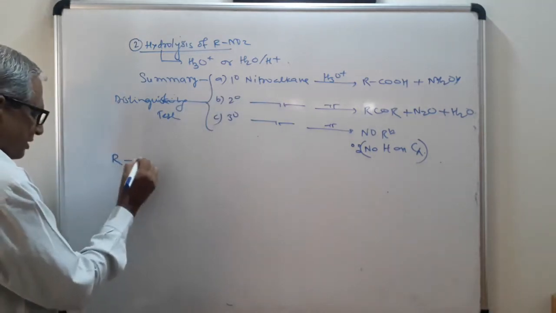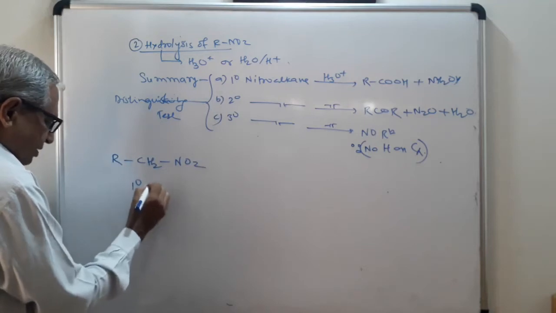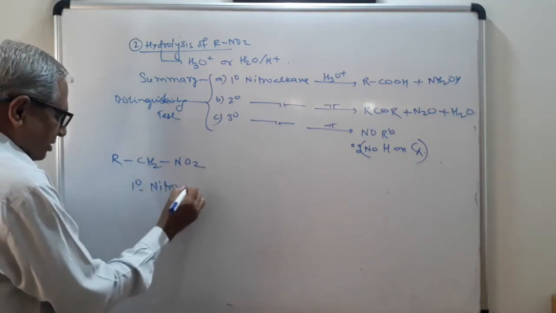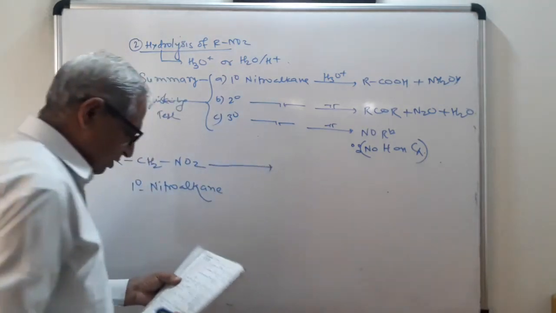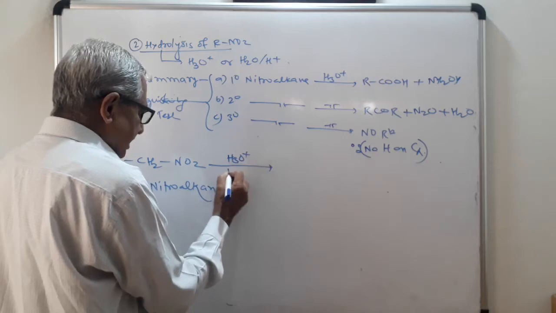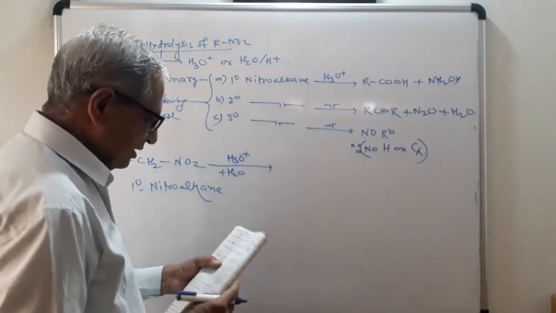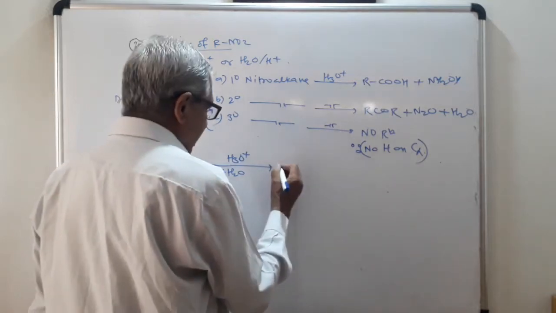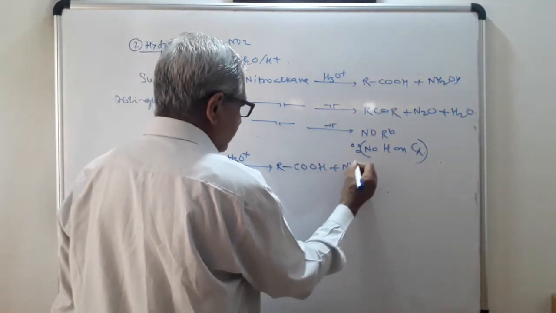Now see the particular example of the primary nitroalkane. Primary nitroalkane can also be represented in this way. When you do the reaction with water, H3O+, that is addition of water will take place, and you will get directly the product RCOOH and hydroxylamine NH2OH.